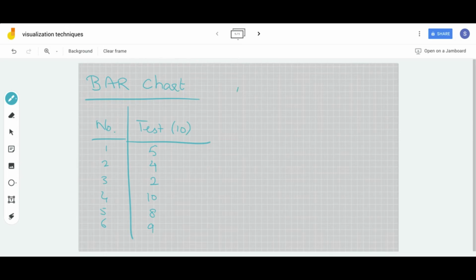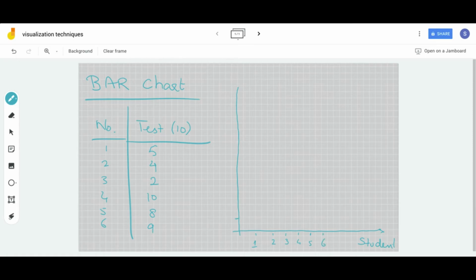So what I can do then is a bar chart plot. I've got my y-axis and x-axis, and always remember to label your axis. So I've got students here: 1, 2, 3, 4, 5, and about 6 here.